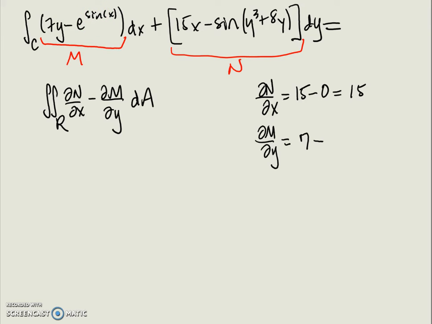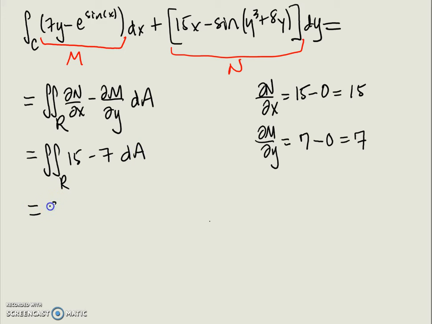So the partial derivative with respect to y of that term would be 0. So my partial of M with respect to y is 7. So this integral that I have representing the work is the double integral over my region of 15 minus 7 dA.